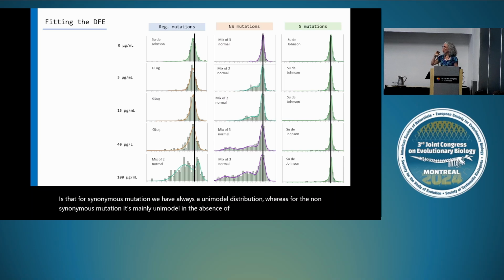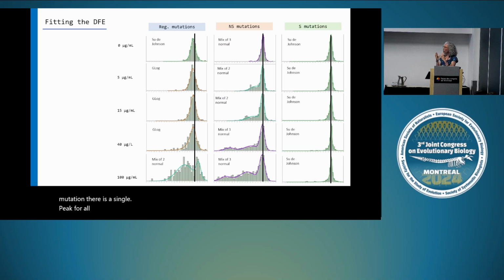But then when the concentration of antibiotic is increasing, it's getting bimodal and then trimodal. So this is another way of showing this extension of the distribution to the left. And for the regulatory mutations, there is a single peak for all concentrations except the highest one, that is quite centered around 0. But then at the highest concentration, it's dividing into 2 peaks, with a positive one and a negative one.